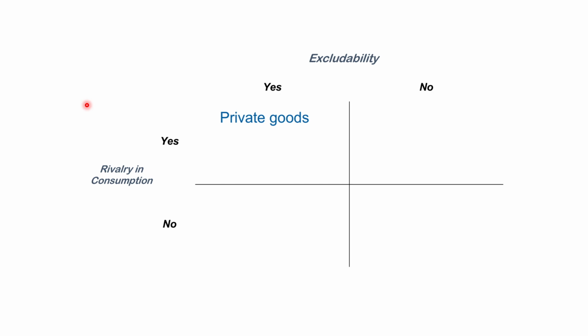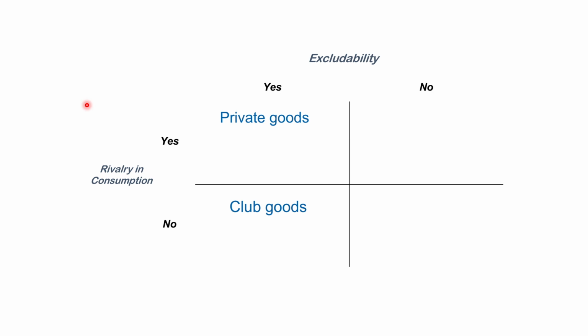So it's very easy to exclude people from it. Second is rivalrous. Yes. If I'm using my cell phone, then you cannot use the same cell phone. So if you want to use a cell phone, you either have to wait for them to be done, or you have to buy one yourself. So that is what rivalrous means.